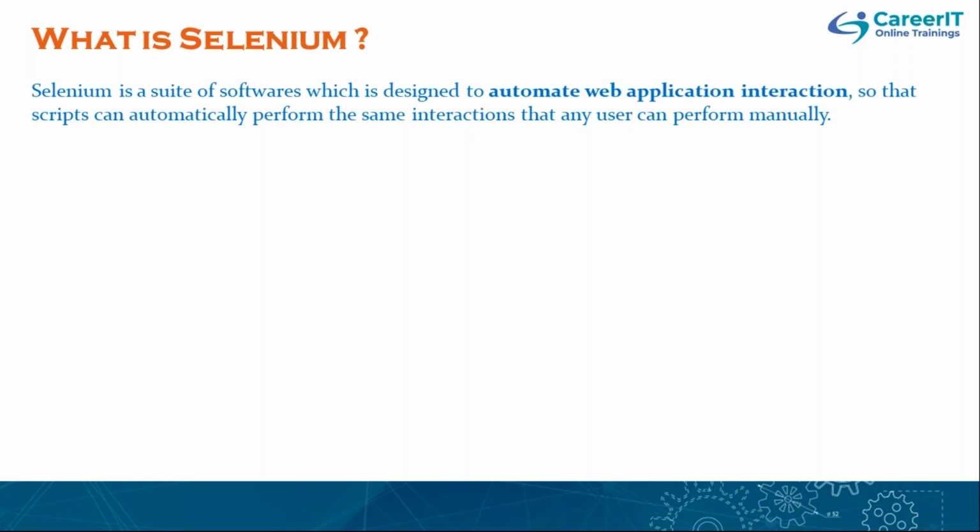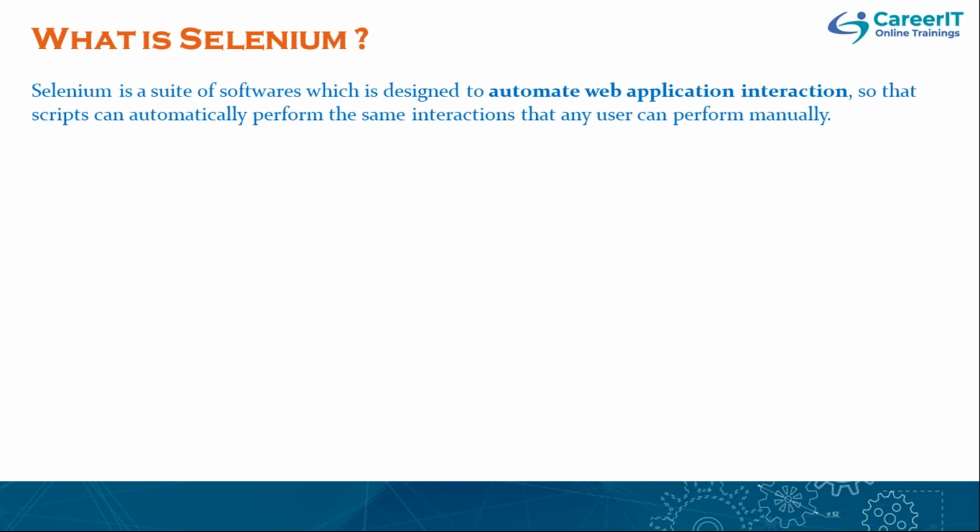That's why Selenium can automate web application interactions, so that whatever automation scripts we develop using Selenium can automatically perform the same interactions that any user performs manually, like how a manual user clicks on a button, enters text into a text box, or navigates to different pages.